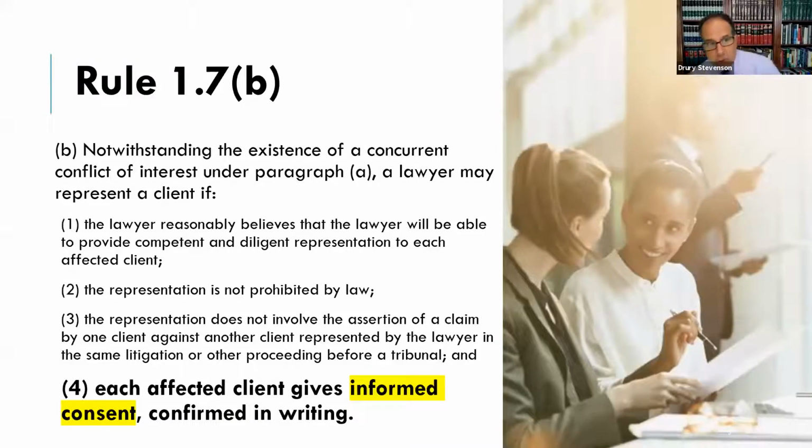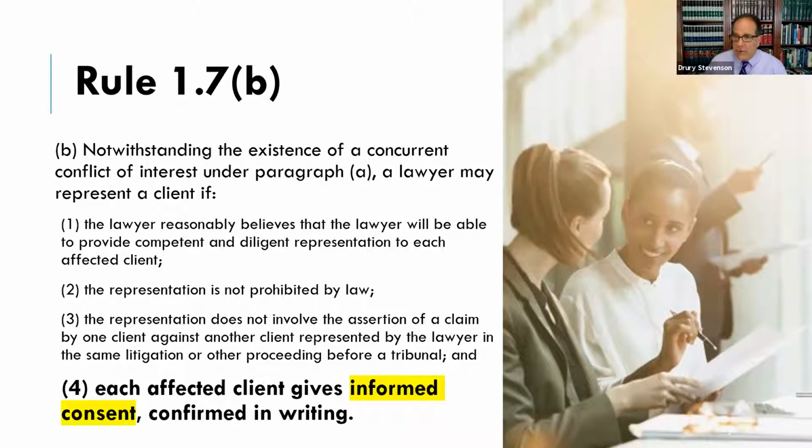And you may remember that 1.7(b) allows attorneys to proceed with representing clients even when there is a conflict, as long as 4 conditions are met. The lawyer reasonably thinks that he or she can provide diligent and competent representation in spite of the conflict. In other words, be unbiased.